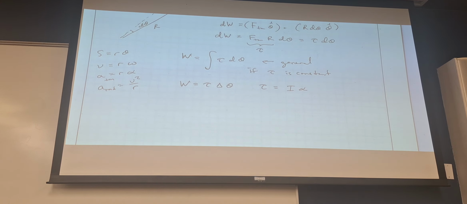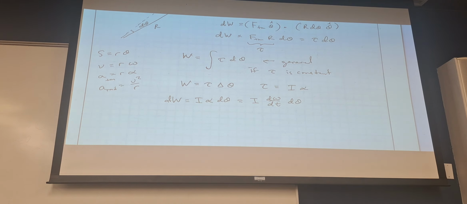So using this, we can have dW equals I alpha d theta, which is equal to I d omega/dt d theta. And we can move this dt over because really it's just a small change in time. It's proportional, so we can do this. dW equals I omega d omega.